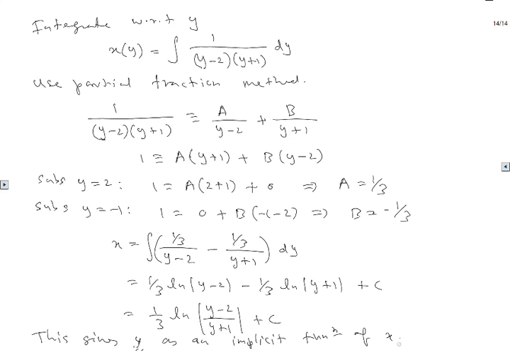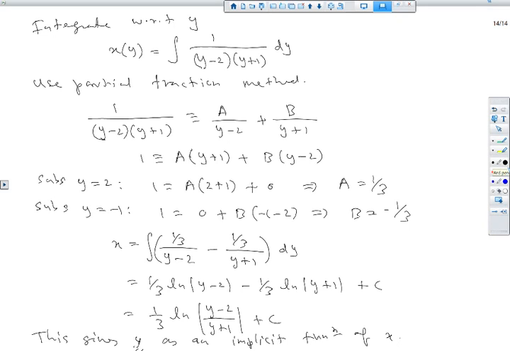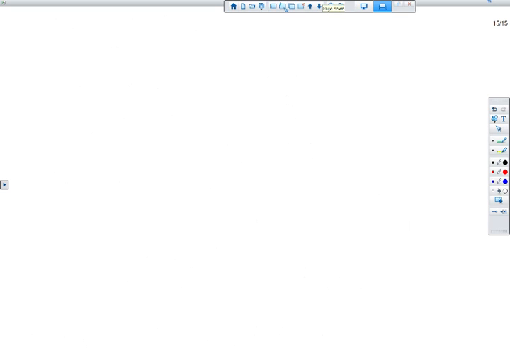Let's see whether you can actually solve for y. Okay, so let's see whether we can solve for y. Let's try. We can do more.